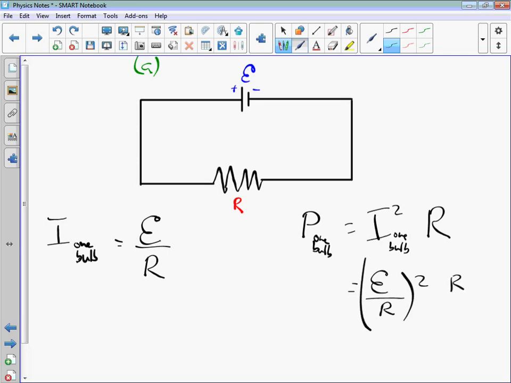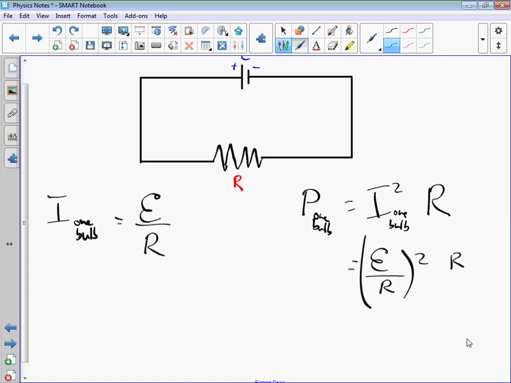So EMF on the top is going to be squared. Resistance on the bottom is going to be squared, but we're also going to have another R that will cancel one of those R's. So our power for one bulb is equal to our value for EMF squared over resistance.